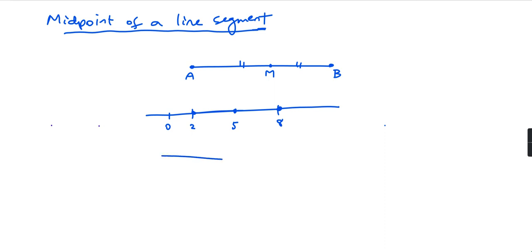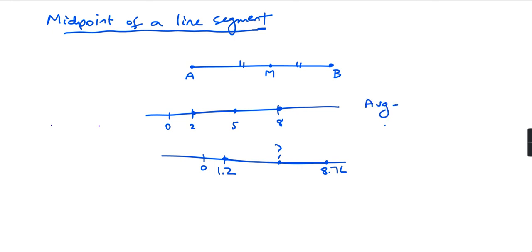But if I gave you numbers that were not as friendly, so let's say this is 1.2 and the other end is all the way at 8.76, how would you find this midpoint? Well, 5 is halfway between 2 and 8. And to find the halfway number, that's called finding the average.